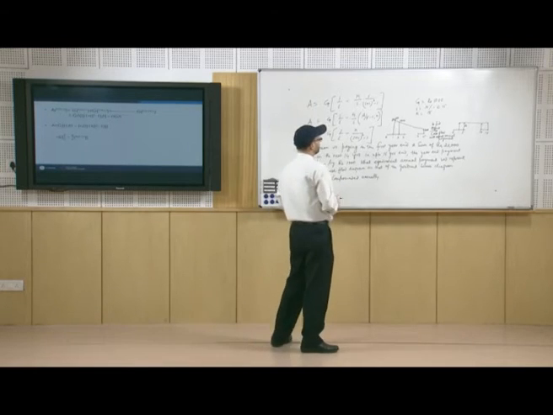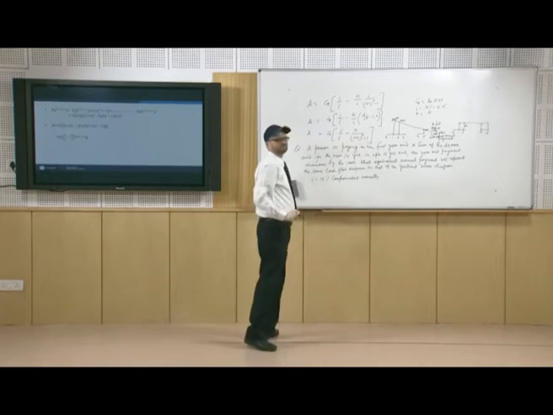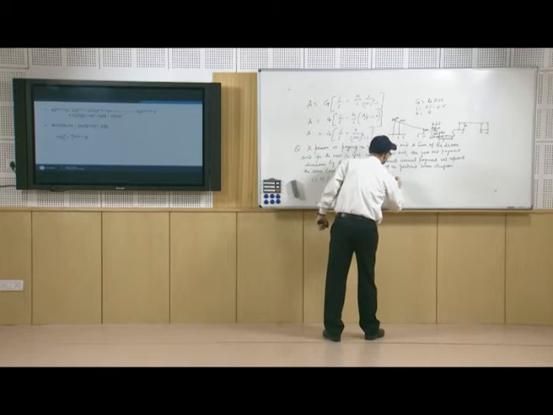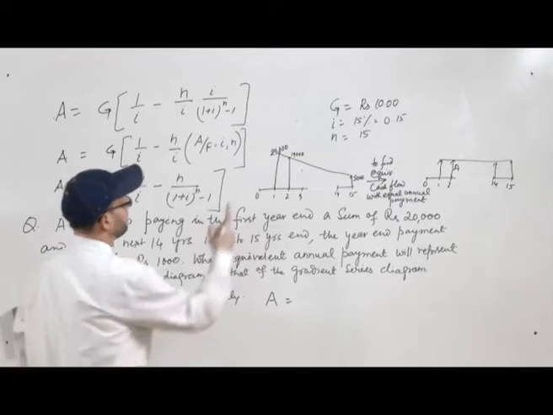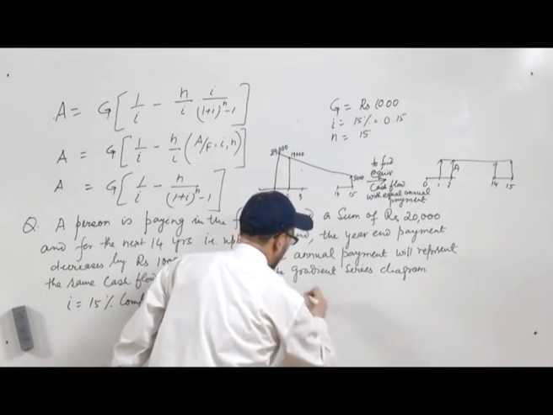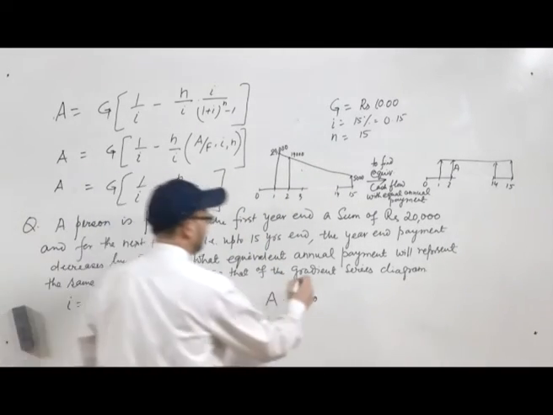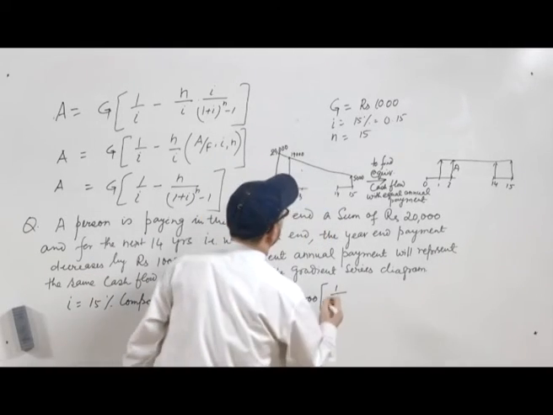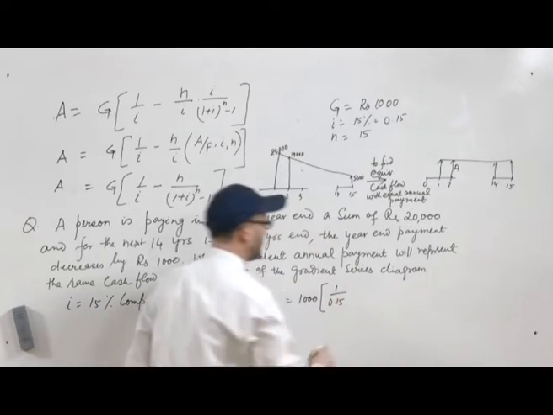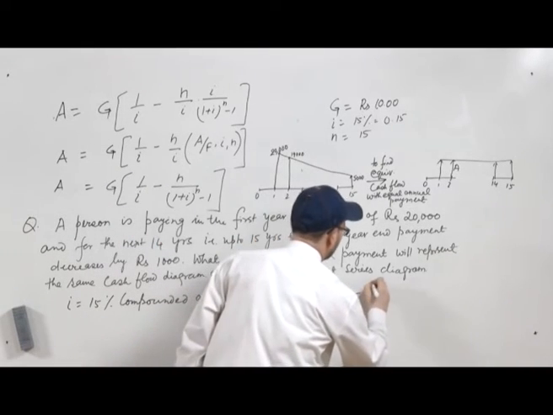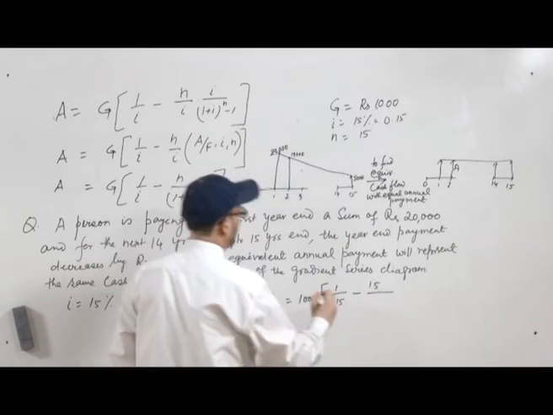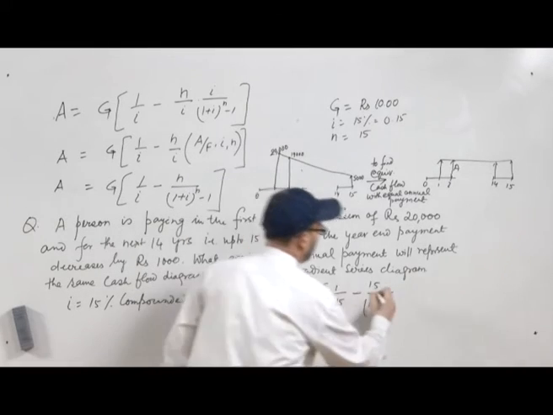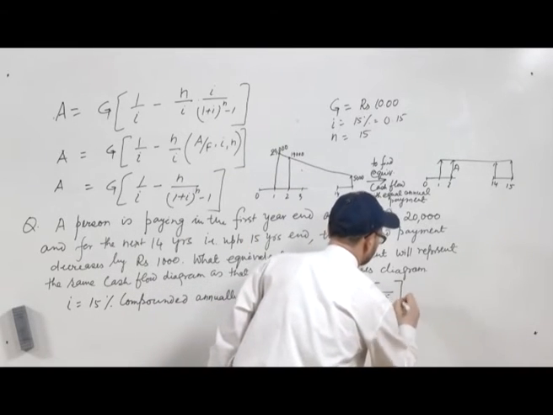So what you do is you use this series. So what you will do, you will find A as G is given as 1000 multiplied by 1 by I, 1 by 0.15 minus 15 by 1.15 to the power 15 minus 1.